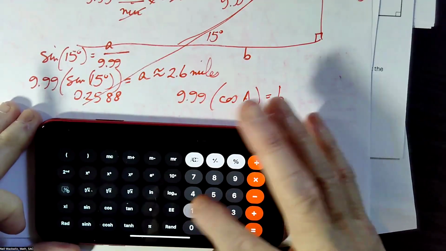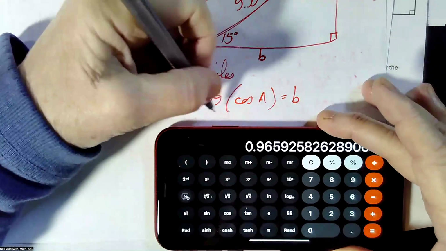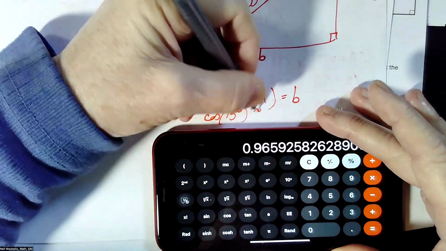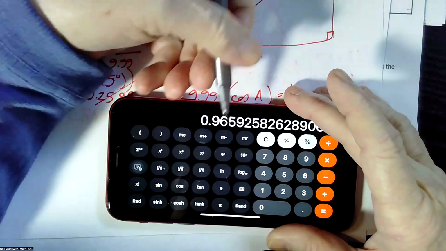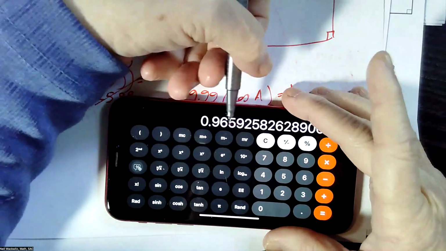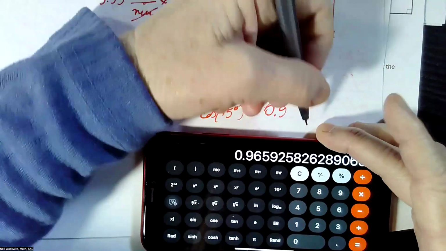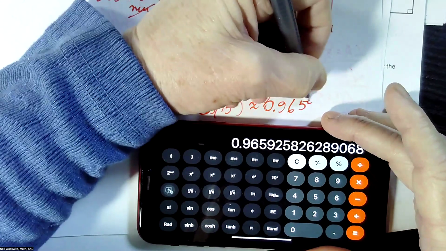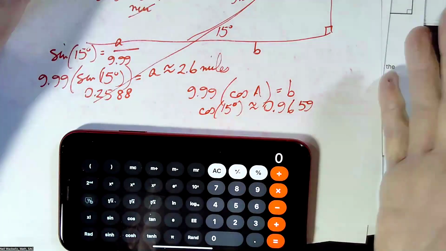And let's see, cosine of 15 degrees is approximately 0.9. The fifth digit is a 2, so I don't have to round up that 9. So it's just 0.9659.